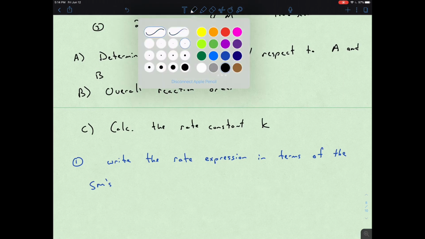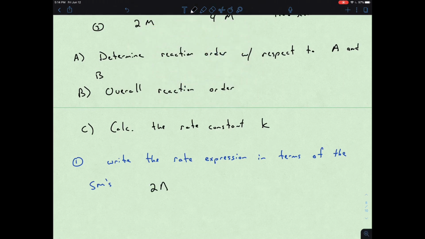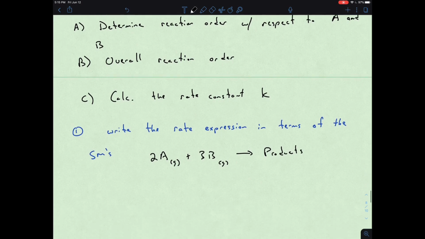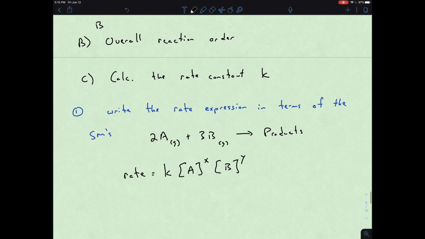If we look at our reaction, we had 2A plus 3B goes to produce products. So that means our rate for the reaction would be equal to little k times A to the x power times B to the y power.